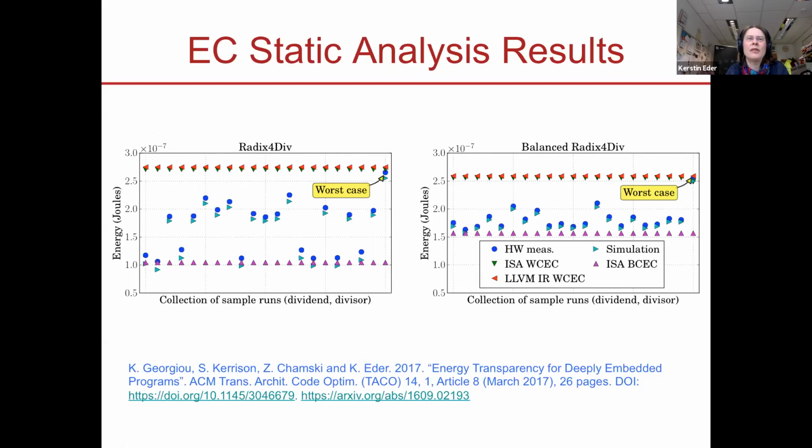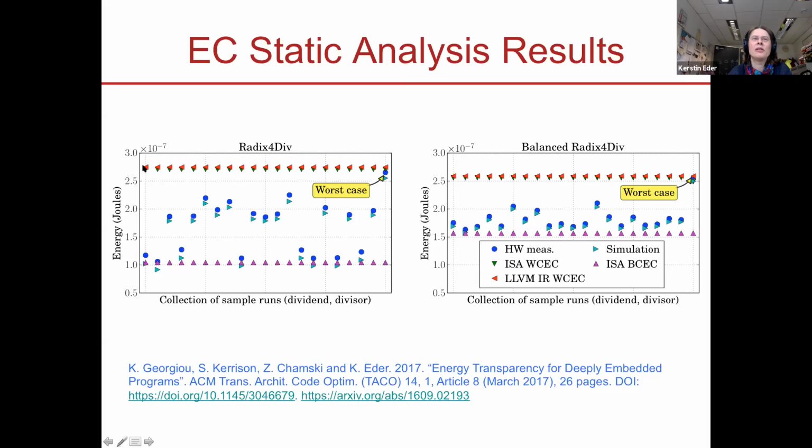On the left-hand side here, we have a collection of sample runs with dividend and divisor, and we have collected the energy in joules, and the blue dots are the hardware measurements. Then we've got worst case energy consumption in green at the ISA level, and worst case energy consumption in red at the LLVM IR level.